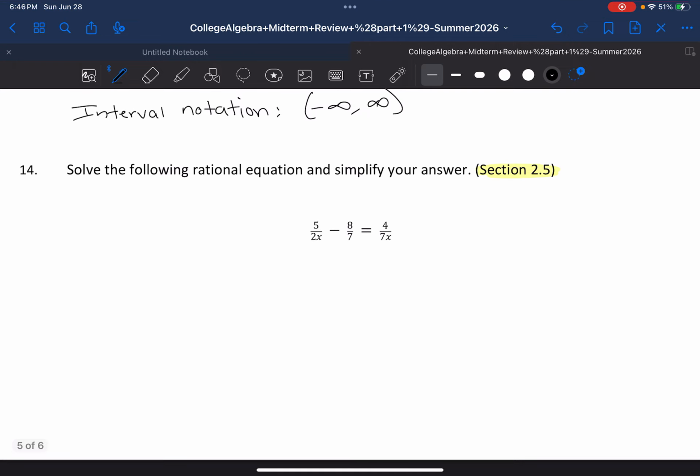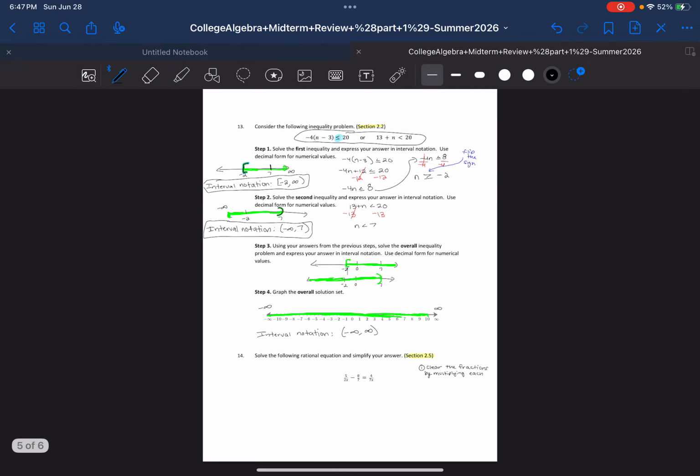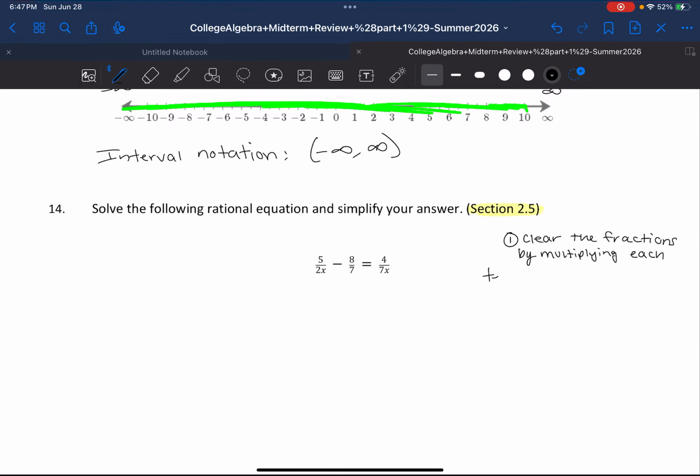So step 1 is to clear the fractions by multiplying each term by the least common denominator.